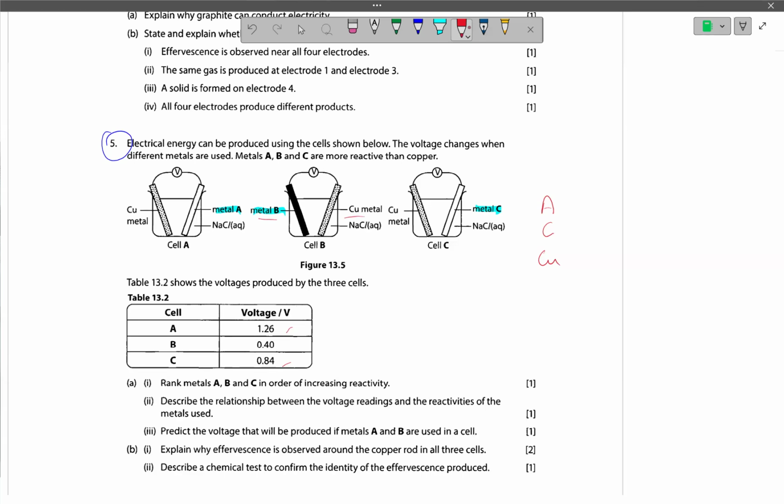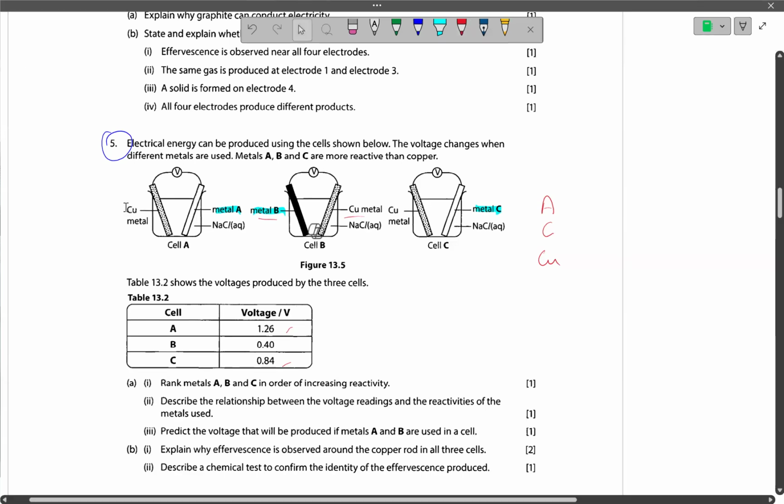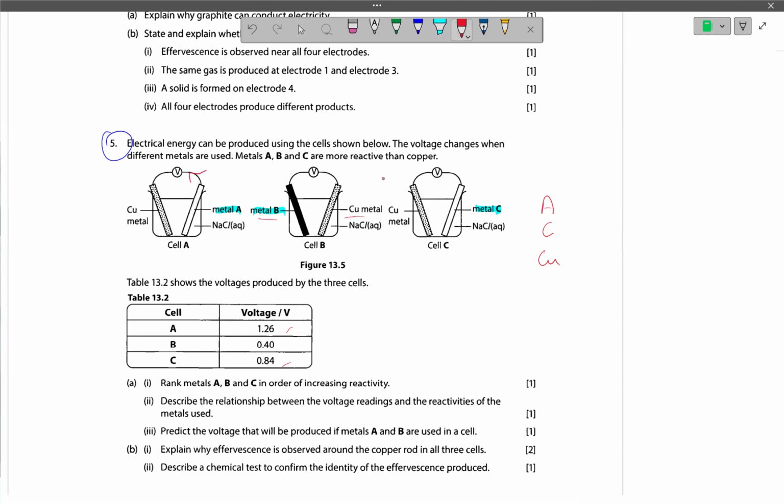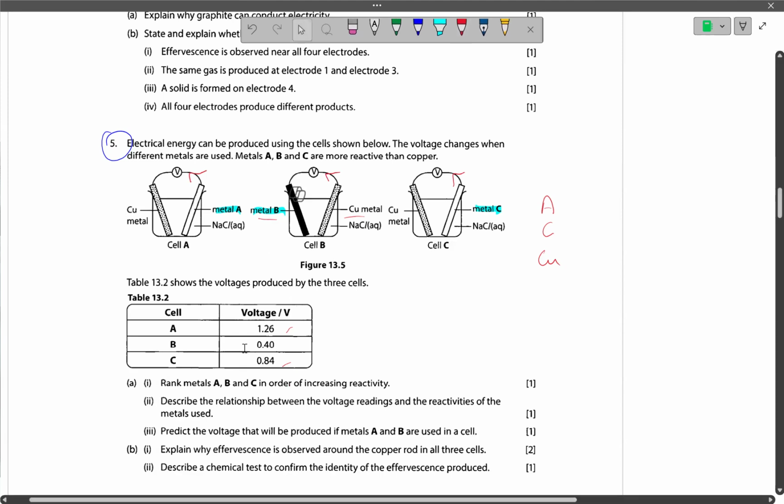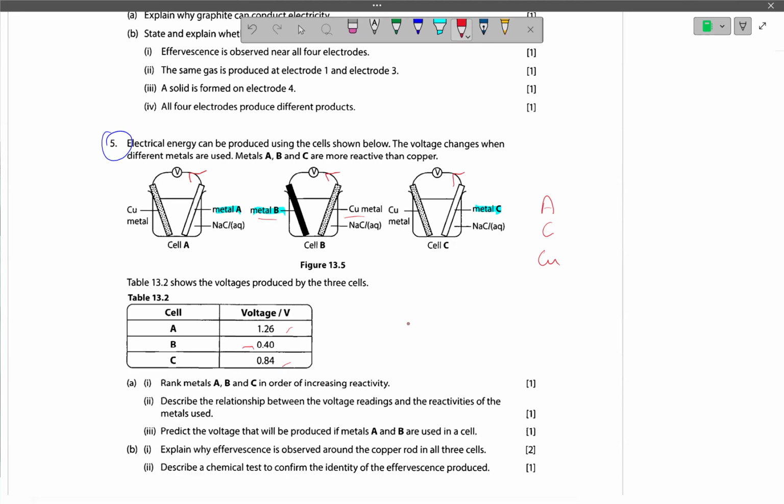Here left is copper, right is metal. Here left is metal, right is copper. So does it mean that electron flows like this, it also flows like this? Because all are the same sign. Positive, negative does show the opposite direction. If they had shown a negative, it means electron flows like that. You see the point?